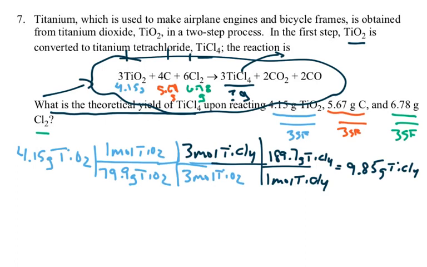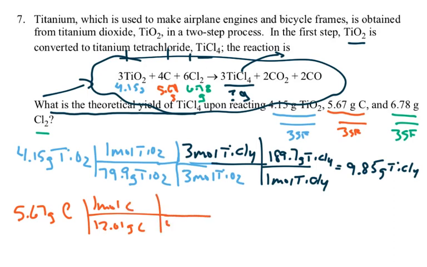But now let's do it with the next one. We have 5.67 grams of carbon. Okay, carbon is just 12.01 grams of carbon, 1 mole of carbon, right? And so for carbon, looking up there, we have 4 moles of carbon, and then we have 3 moles.